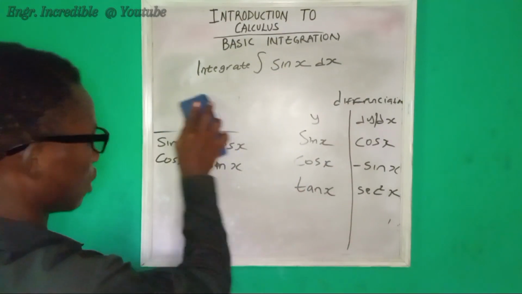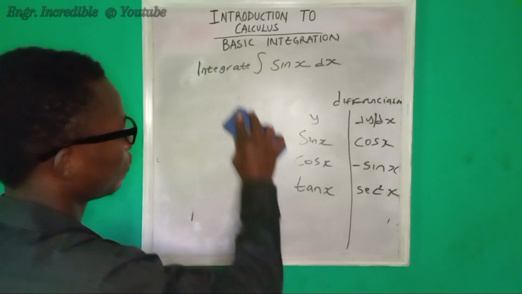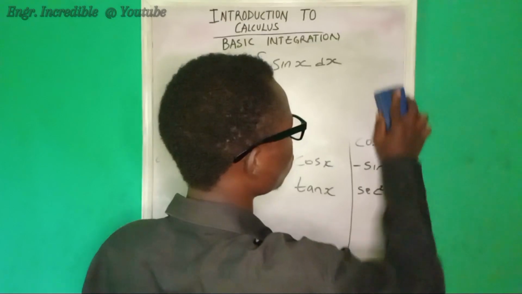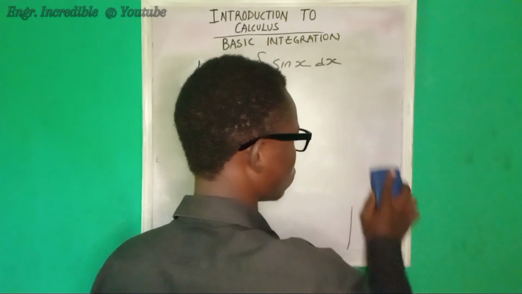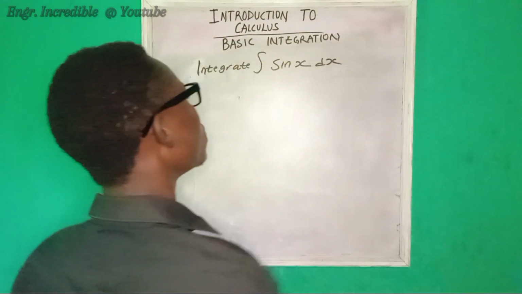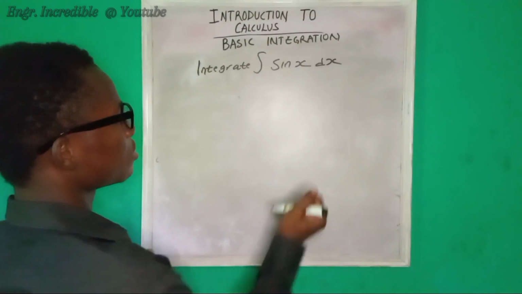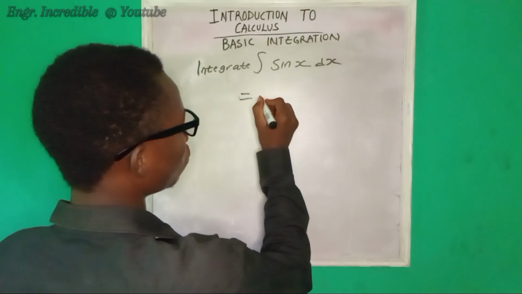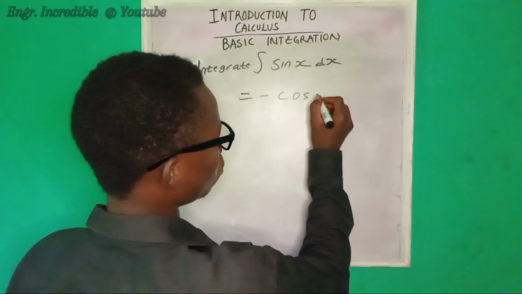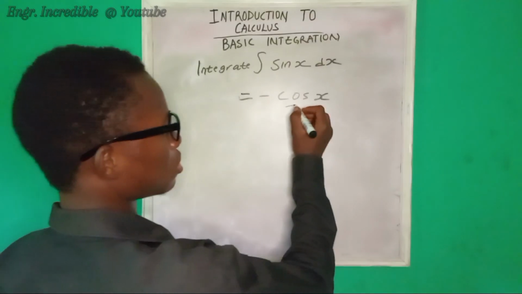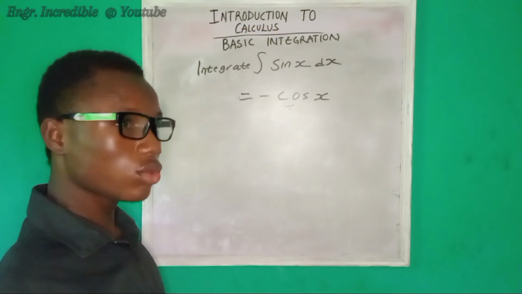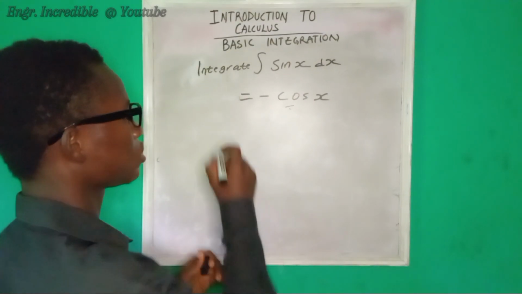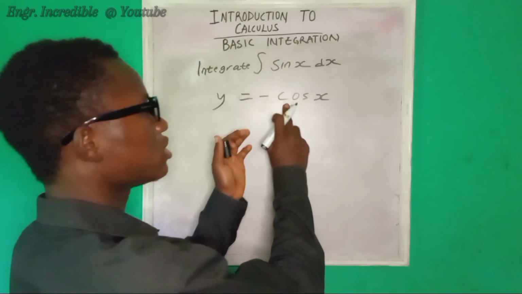So now I think I've already given the answer for that. The integration of sin x here is directly equals to minus cos x. This is the answer. Now if you want to check your answer, for example, let's say this is y, you can differentiate this again.